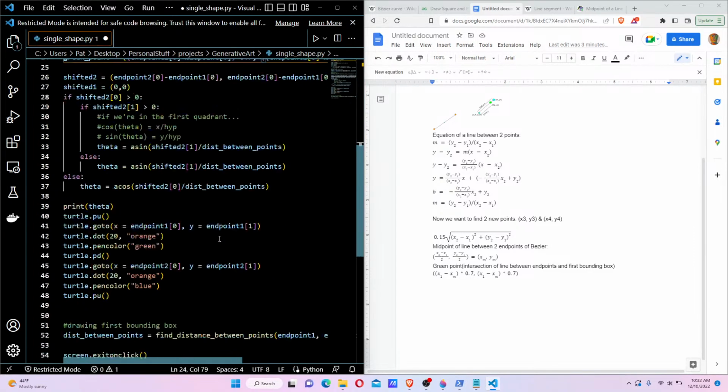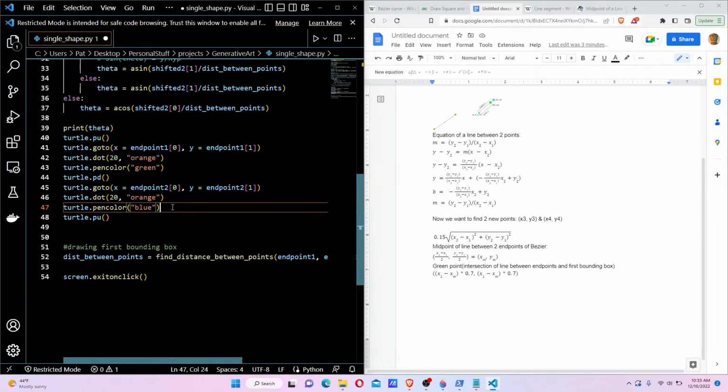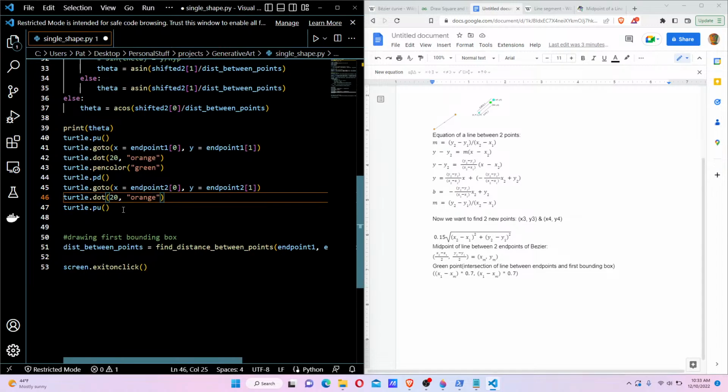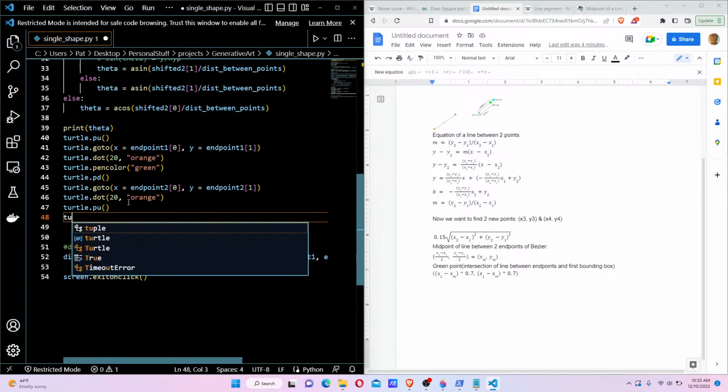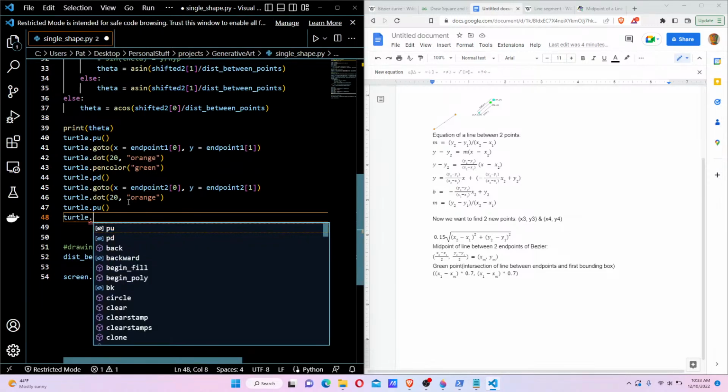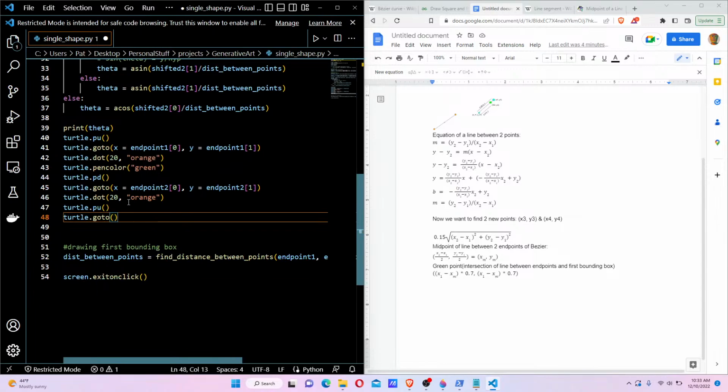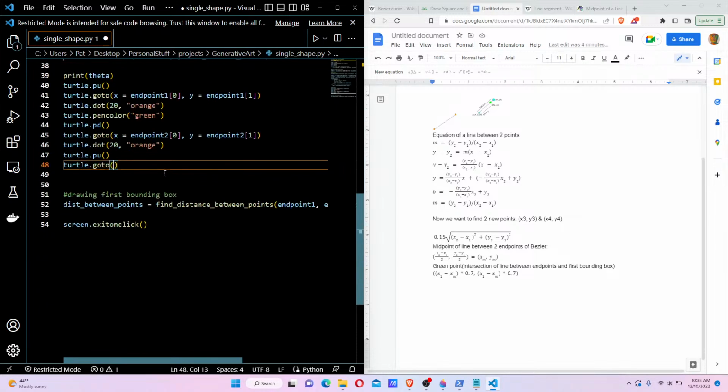Okay, and then total dot goto, so it goes to the second endpoint. Okay, makes the dot, then I make the green point blue, then pick it up, then go to the green point.